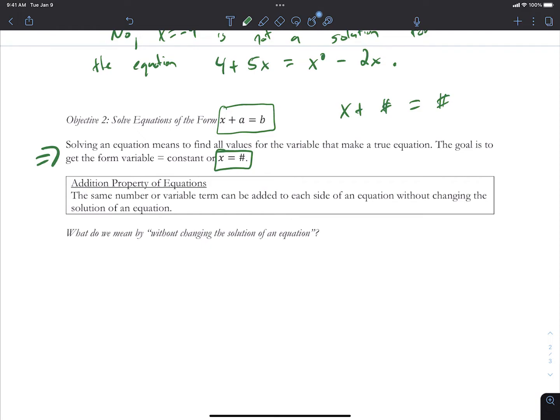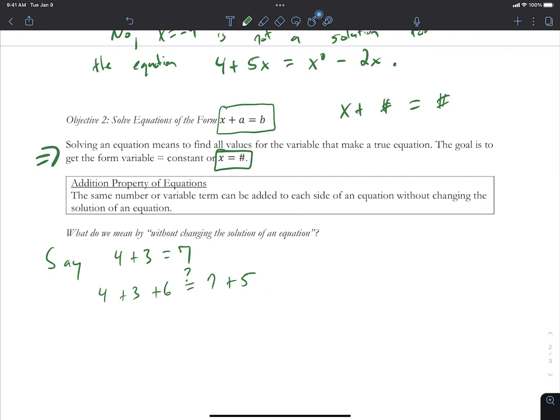I have something written here. It says, what do we mean by without changing the solution of the equation? So let me go through an exercise and just explain that a little bit. So let's say 4 plus 3 equals 7, right? That's just a known fact. So if I add 6 to the left-hand side and 5 to the right-hand side, would this be equal?